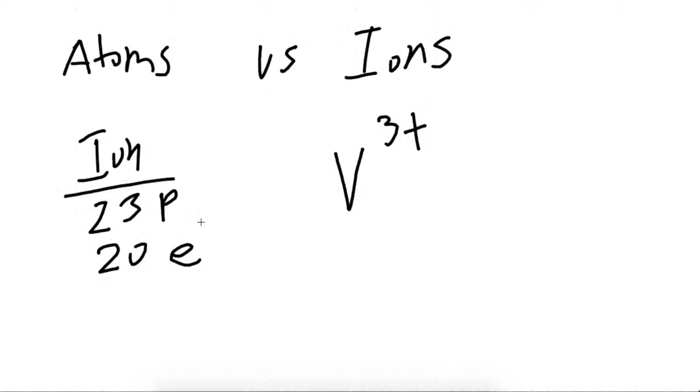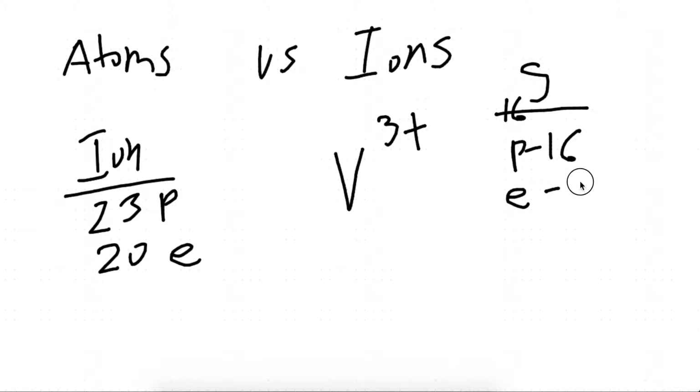If the question was sulfur, now let's take sulfur. A sulfur atom has 16 electrons. The proton number is 16. So 16 protons, 16 electrons.